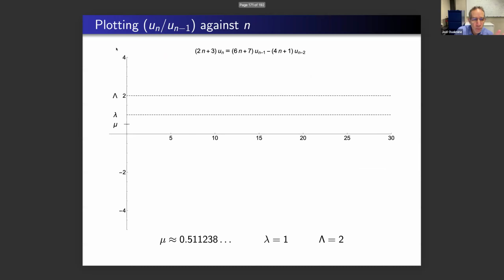Let me first mark mu, this critical ratio, which is 0.5 something, it's here. Little lambda, the little root, was 1, and big lambda, the big root, was 2, it's thus. Now, if the ratio of consecutive terms for n equals 0 is exactly equal to the critical ratio, by definition, I am minimal.